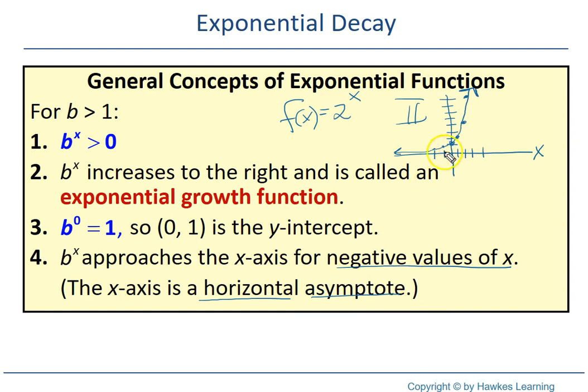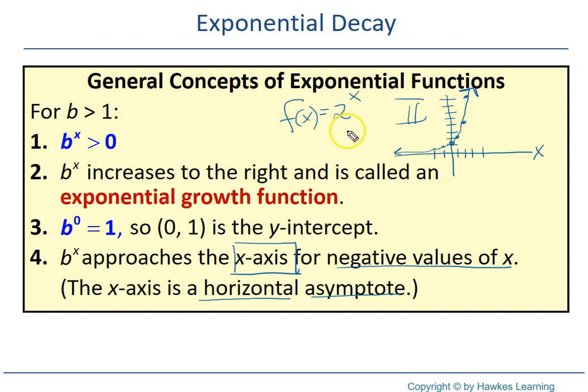It's a value that something gets close to, but never reaches. And that's the horizontal asymptote. And what is the horizontal asymptote in these values that we're doing? And the answer is, it is the x-axis. This x-axis here. That is your horizontal asymptote.